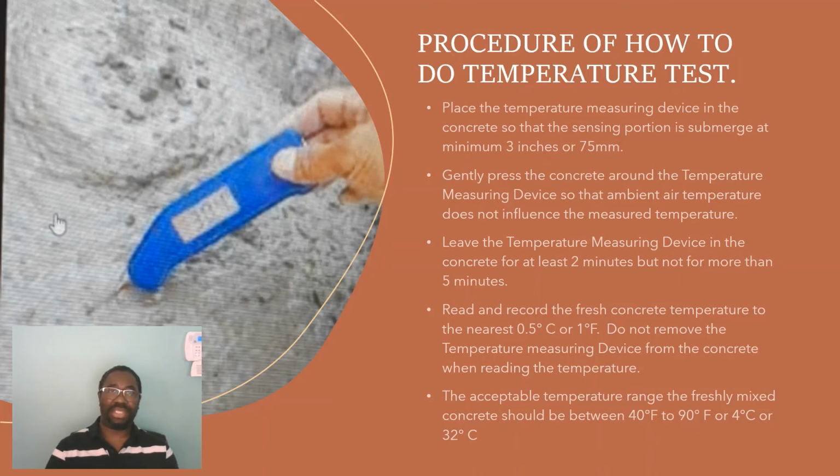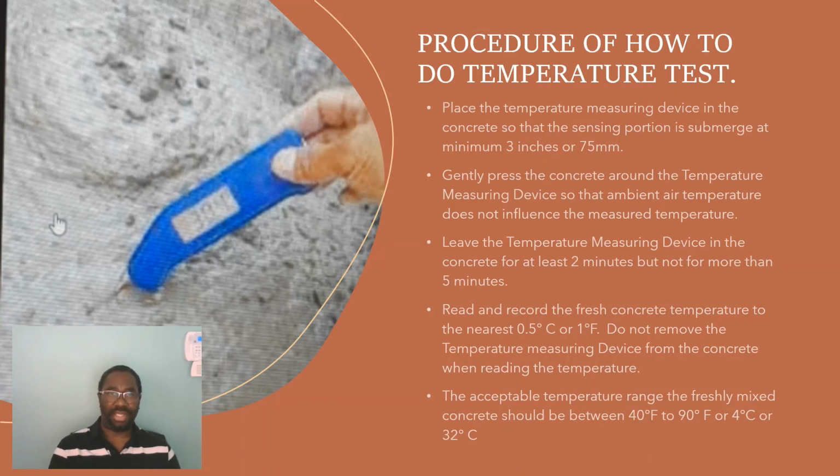The acceptable temperature range for freshly mixed concrete should be between 40 degrees Fahrenheit and 90 degrees Fahrenheit, or 4 degrees Celsius and 32 degrees Celsius. Now, if you have carried out the test on the concrete site and you do not get the required temperature within that range, what you must do is get a fresh sample of concrete and redo the test.